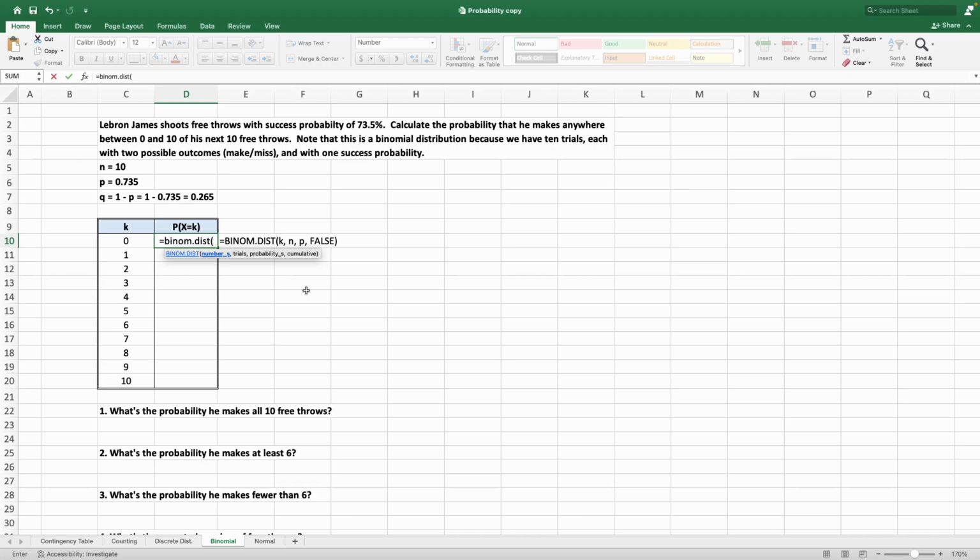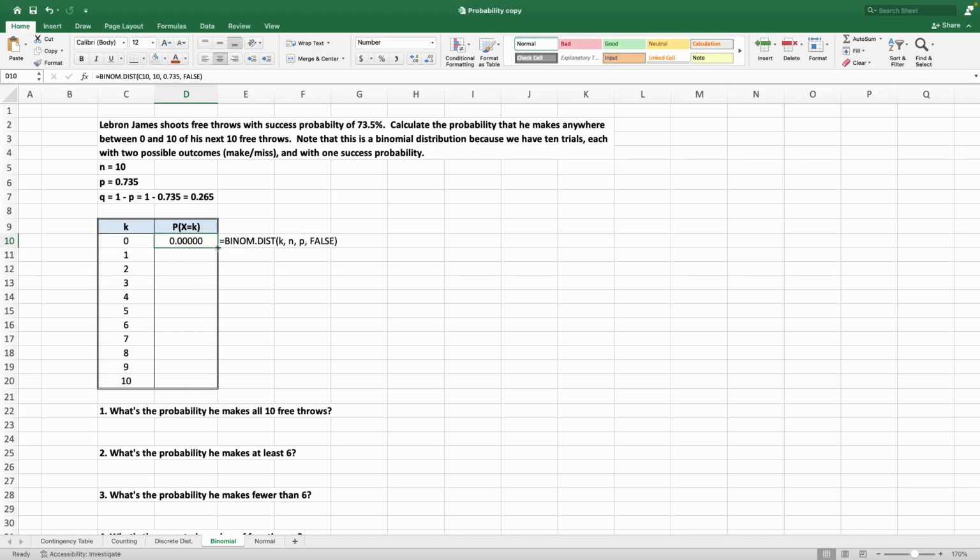What's k here? Well, k in this case is 0, so I'm just going to click 0, comma, n is 10, so I'm going to write 10, comma, p, well, p is 0.735, comma, and we're going to write false, close parenthesis, enter.